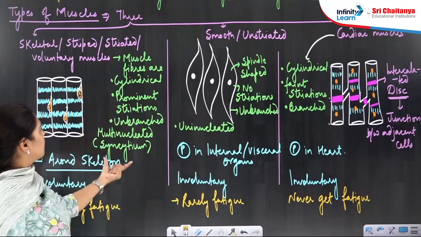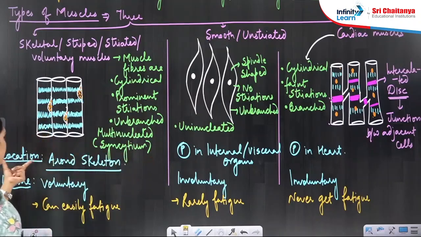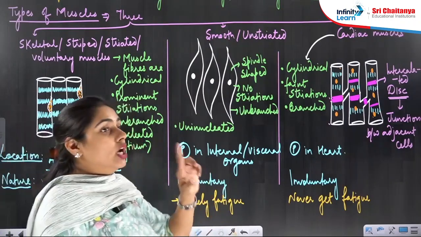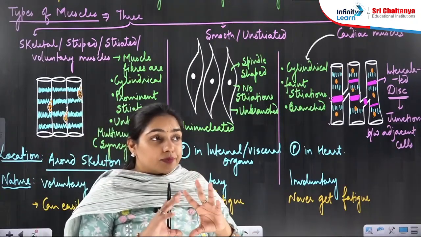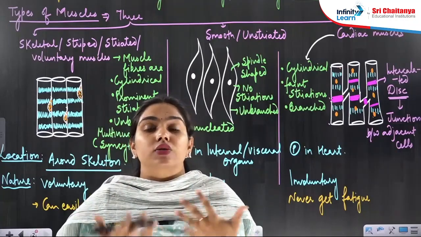You should know the differences in the muscle fibers, and in the location, nature and everything else. These are all the basics. The questions will not only be on the differences. They can also ask you the similarity.